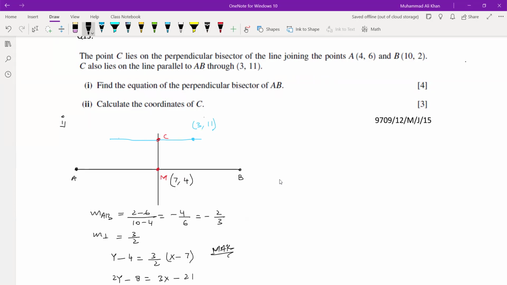We have the equation of perpendicular bisector. Now we are calculating the equation of blue line. What is the gradient of this blue line? Same as the gradient of AB, because this blue line is parallel to the AB line, right? So now, in the second part, by using y minus y1, using this 3, 11, the gradient is minus 2 over 3.